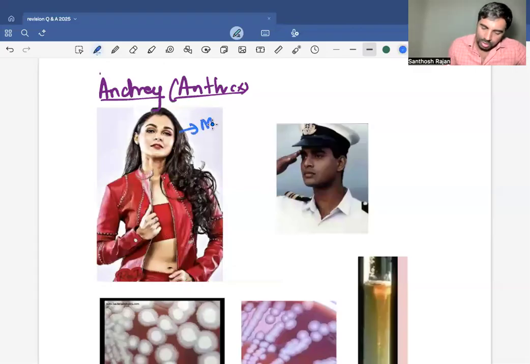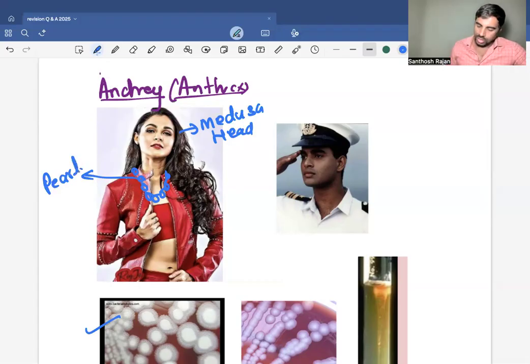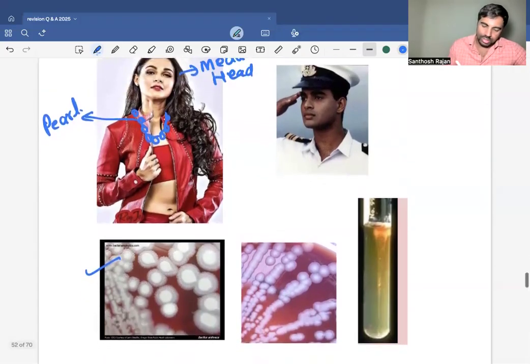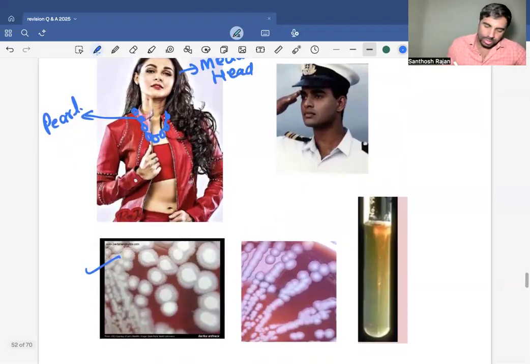Look at her head, Medusa head colony. She has a Medusa head colony, this is the one you're seeing. And then she's wearing beautiful what? Pearls. This is the bisected pearl. We can say pearl reaction or string of pearls, whatever. This is the pearl reaction in penicillin agar.